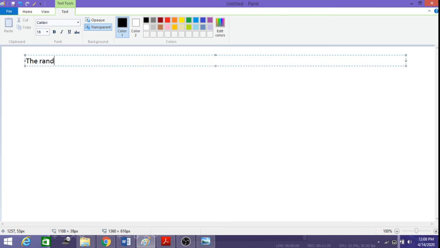The random variable x has a uniform distribution over, say, 0 to 2. Then we have to find the mean and mean square for the random process v of t.